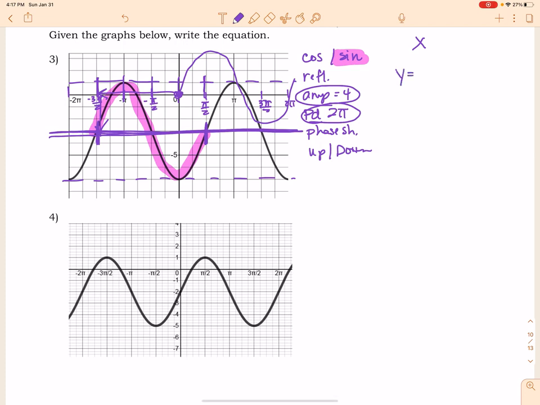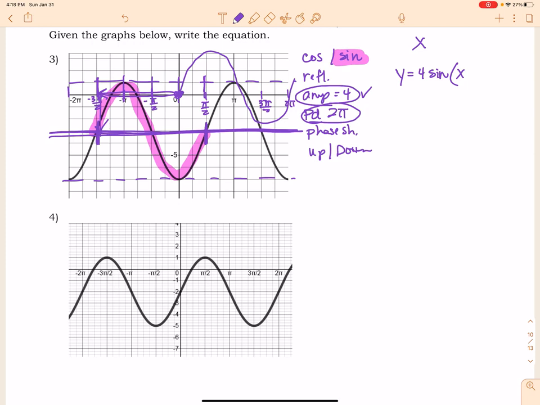So let's start with this. Let's look at y equals, and I've got 4 times the sine. So that takes care of that. The period is 2 pi, so there's just not going to be anything there. And then x, so I have to consider which way did this shift? Well, it shifted from my origin over to negative 3 pi over 2.